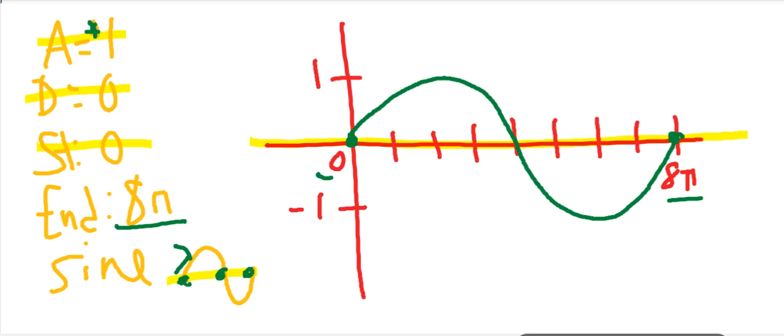And now let me explain how this works, comparing it to the parent function. We know the parent function starts at 0 and it ends at 2 pi. So technically, if I were to draw it, that blue one there, let's go back to the names.